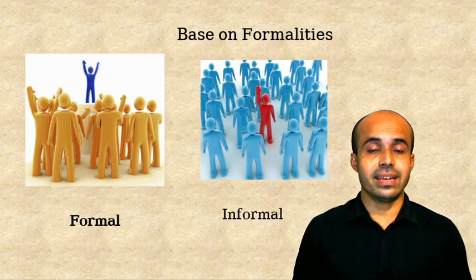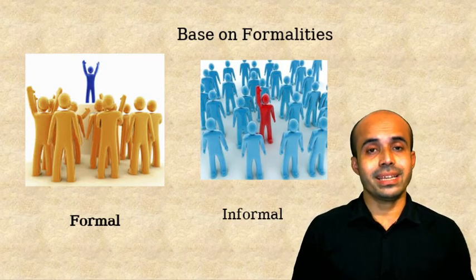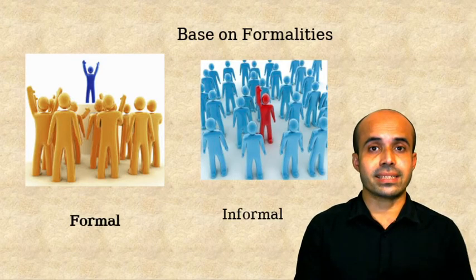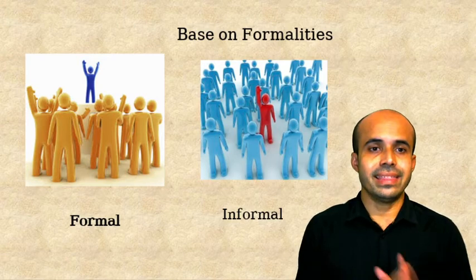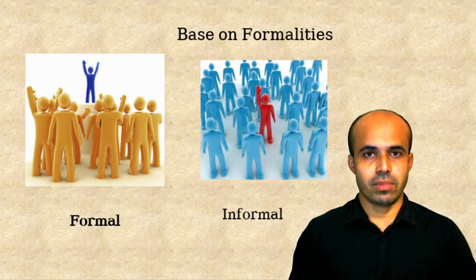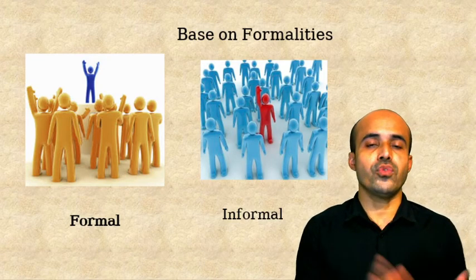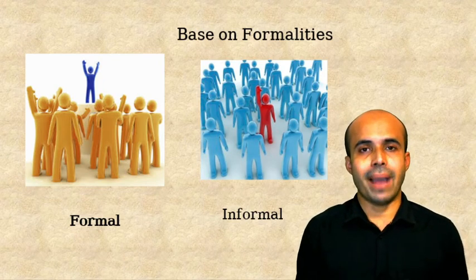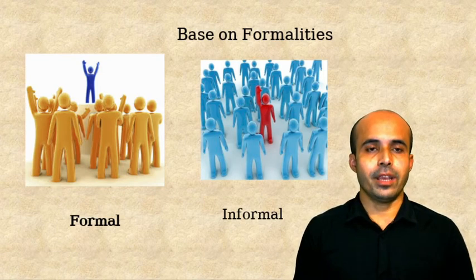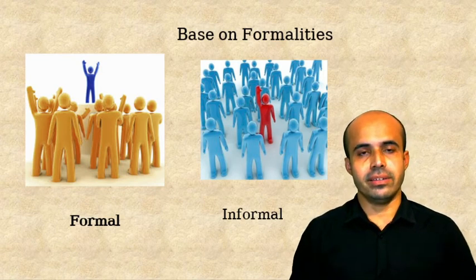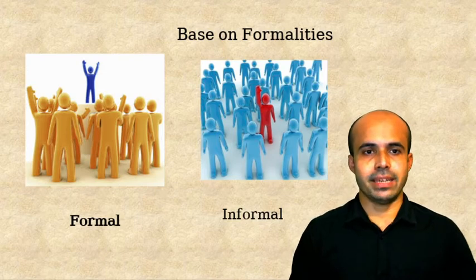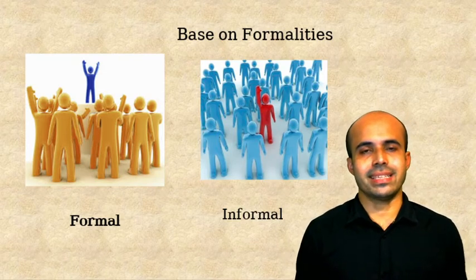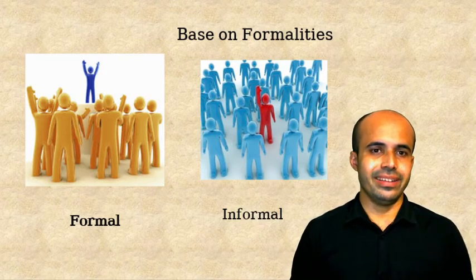So the leader is placed by the management of the organization, and that is the formal leader. A formal leader follows the rules and regulations, is directed by the company, and is loyal to the direction of the management. So that is why we call it formal leadership.